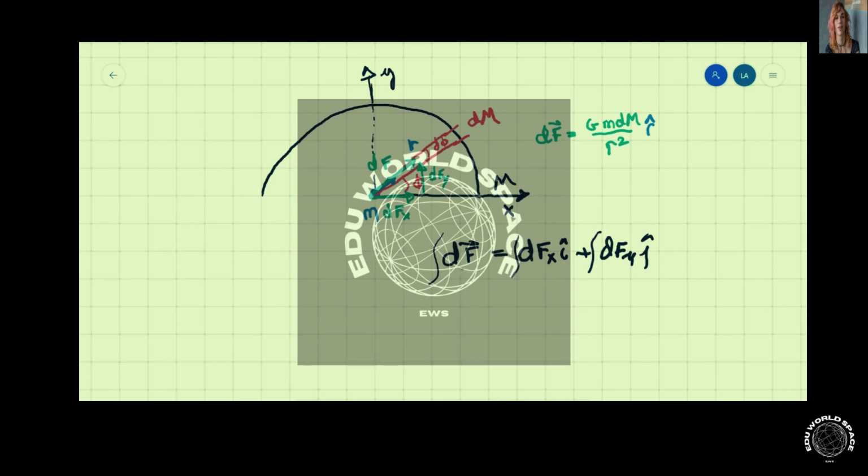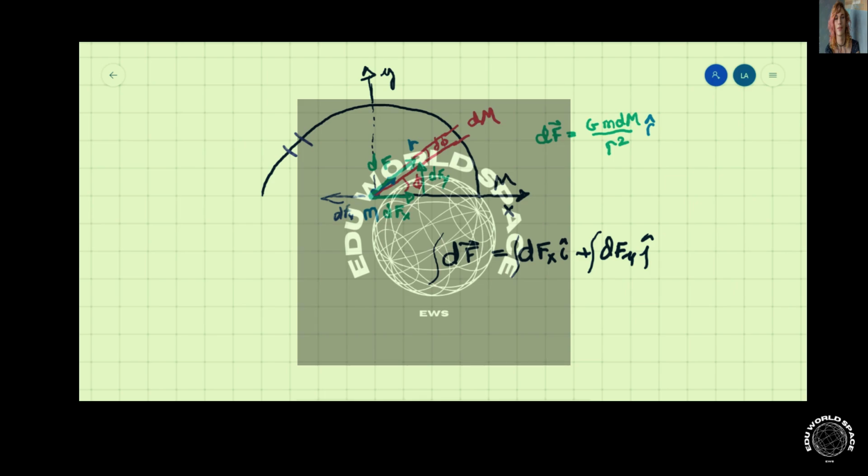The net force acting on this body is equal to the sum of the forces that are acting on it. Now, the x component, if you were to look at a piece over here, the x component here, dFx, is seen to cancel that one out exactly.